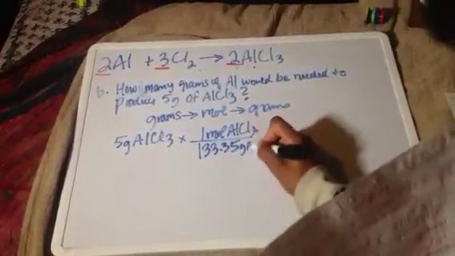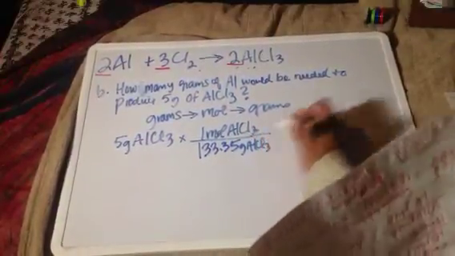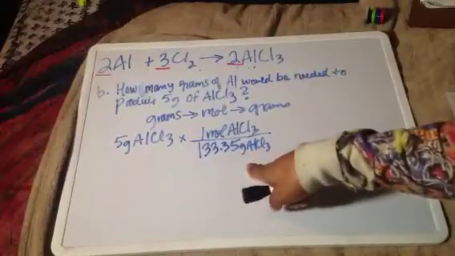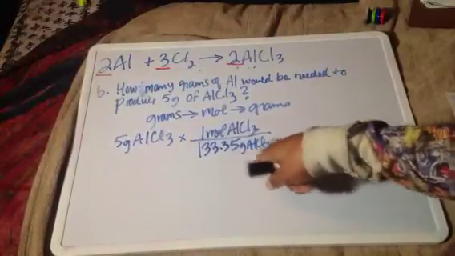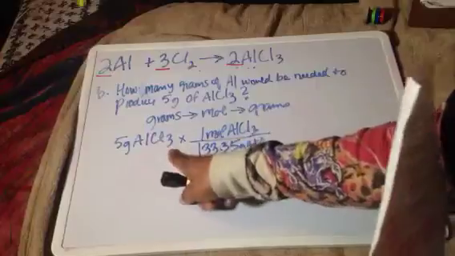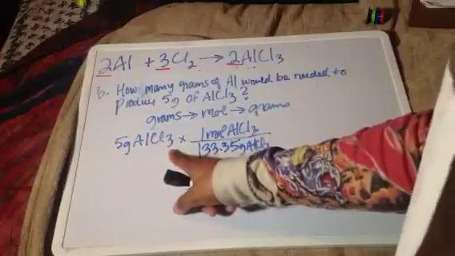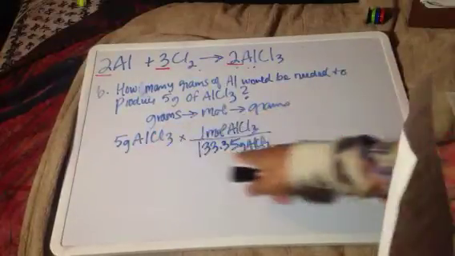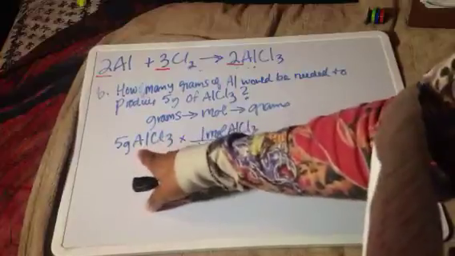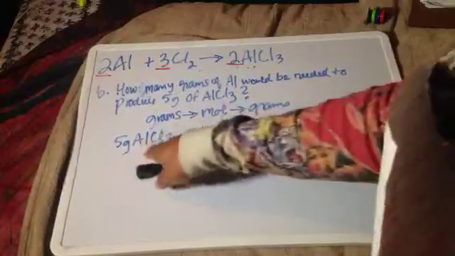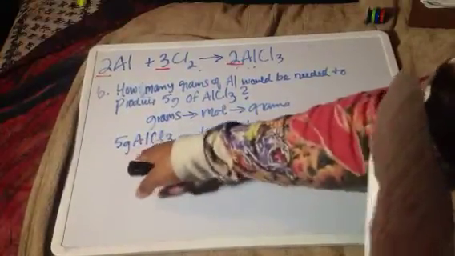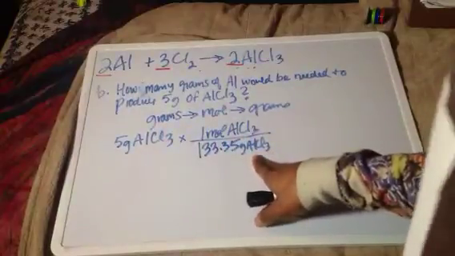We've determined that to be 133.35 grams AlCl3. Now, writing it out this way takes time, but if you write it out this way, it's very easy to identify what's being canceled out. Grams divided by grams is going to cancel out.